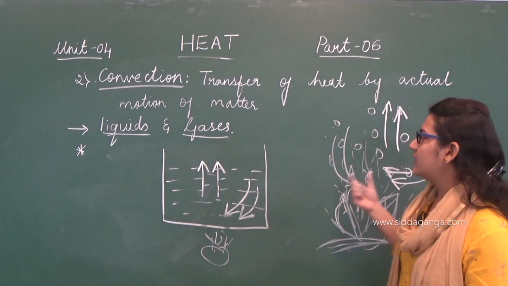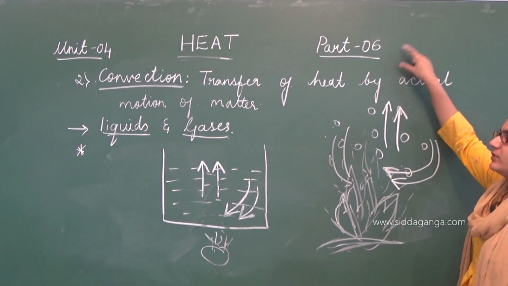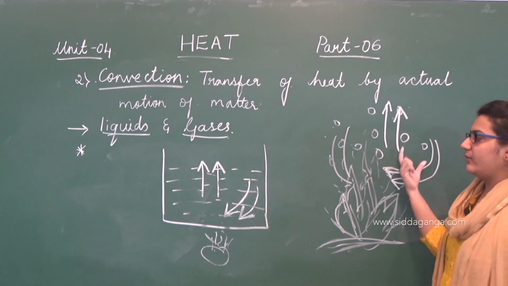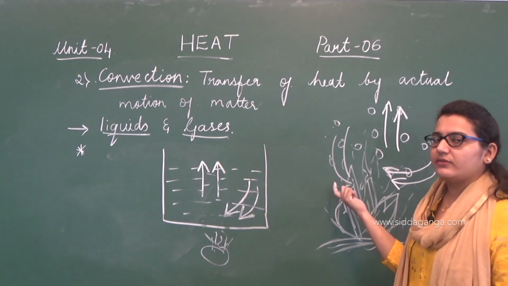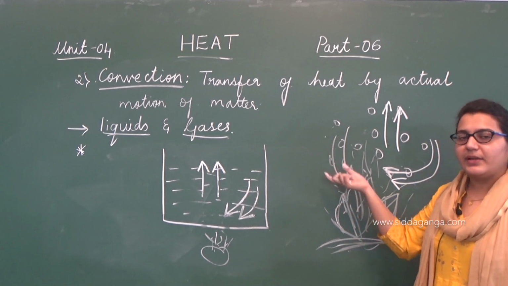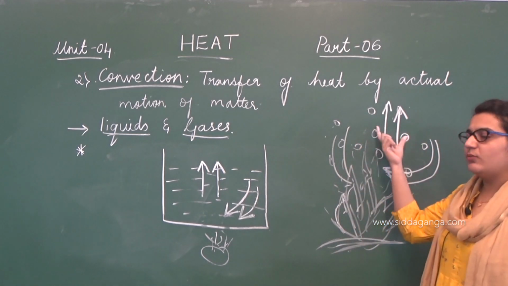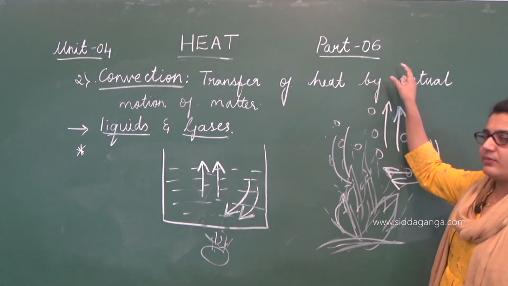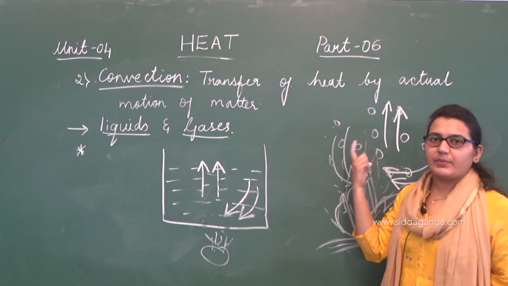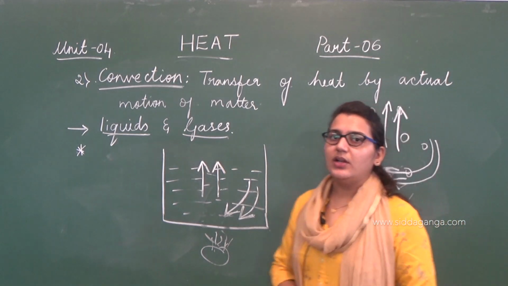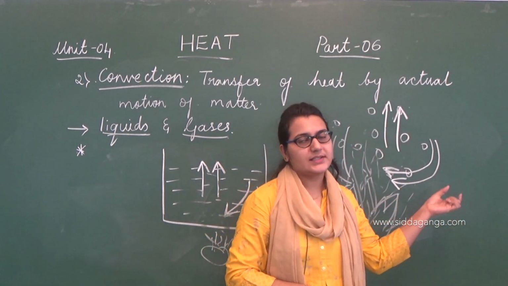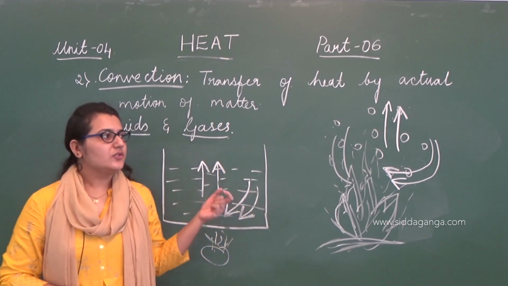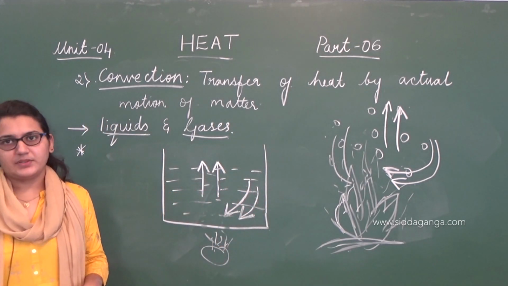This part gets heated up first, the air moves above, and the molecules which are not hot enough come in contact with this fire, get heated up, and rise again. So you can see there is a movement of molecules and there is heat transfer from here to the atmosphere, right? There is heat transfer due to the movement of both gas and liquid molecules. This is how convection happens.